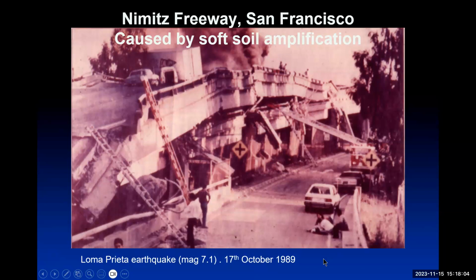Now, quite by chance, I was giving a lecture to the Hong Kong Institution of Engineers on 17th of October, and I was talking about the random processes that are involved with earthquakes and with wind engineering.